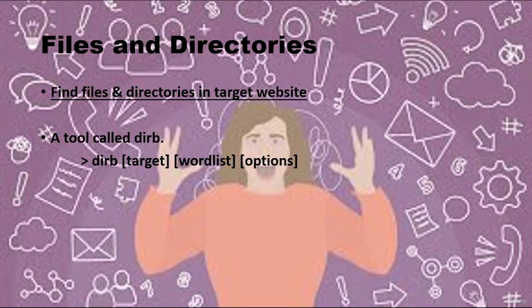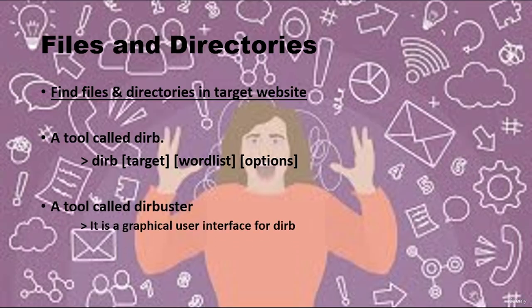As for me, I usually use the common word list. I just put dirb and the target name, then press enter, and it's going to do the magic. Or maybe you are not a fan of the command line, you can use a tool called dirbuster, which is a graphical user interface for dirb.